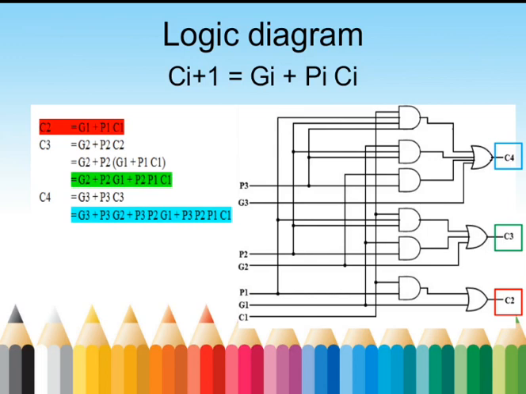In the same way, to obtain the output C4, the first OR gate has the inputs G3, P3 G2, P3 P2 G1, P3 P2 P1 C1. The outputs are shown with C2 in red color, C3 in green color, and C4 in blue color.